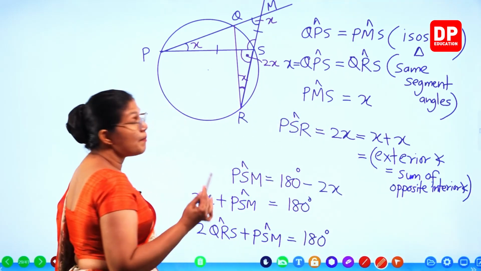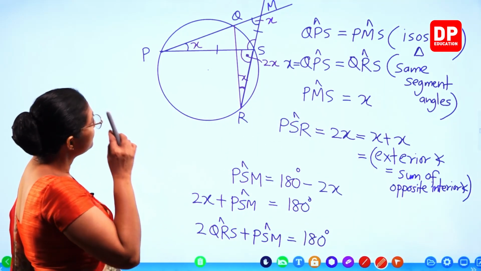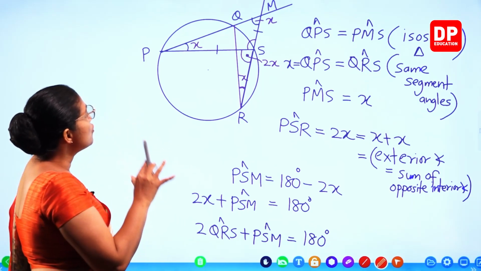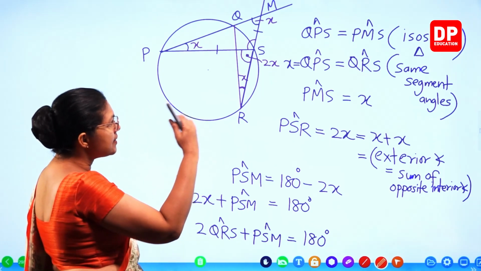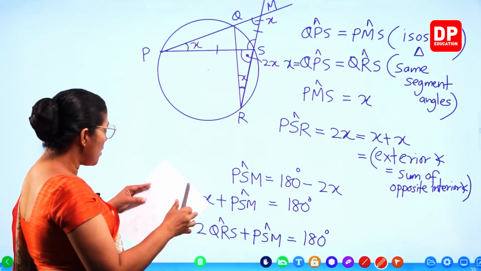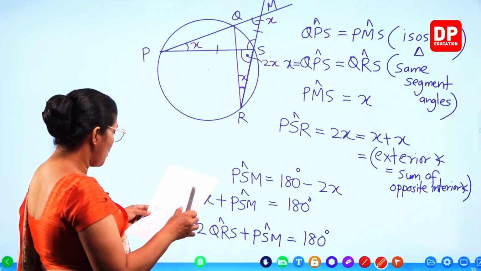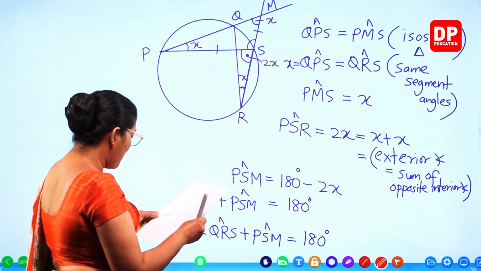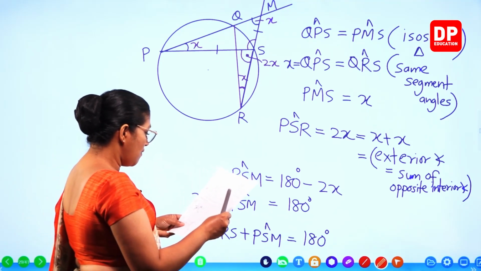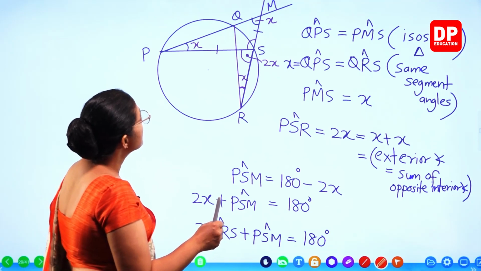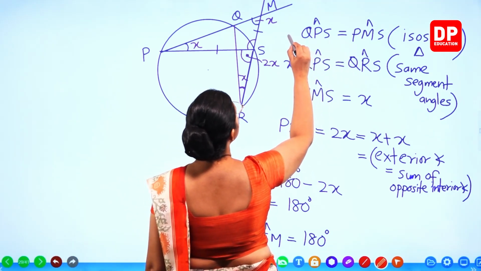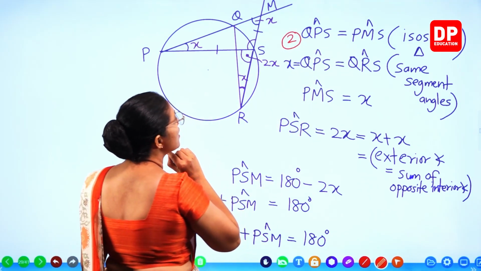So you are getting 10 marks for the whole question. Make sure that you draw a clear diagram and then step by step write all the reasons and the equations. So how many marks are you getting? 10 for the whole question. Let's give marks. This is isosceles, so 2 marks.